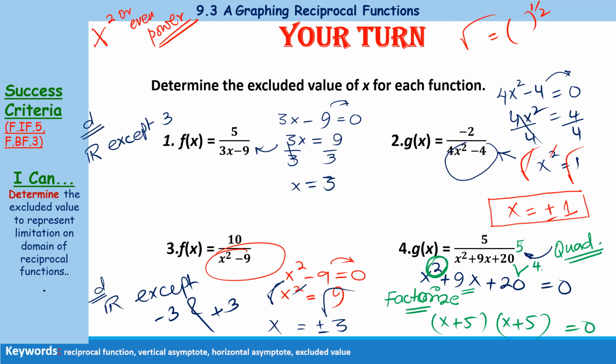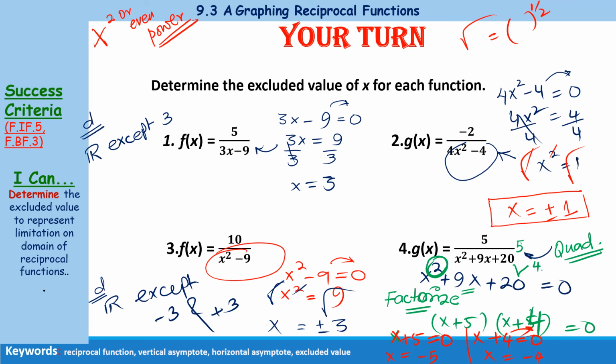That's why you make the equation equal to 0 as you are solving for x. Now write x plus 4 equals 0 and x plus 5 equals 0. Solve for x, you will get x equals negative 5, and on the other side x equals negative 4.